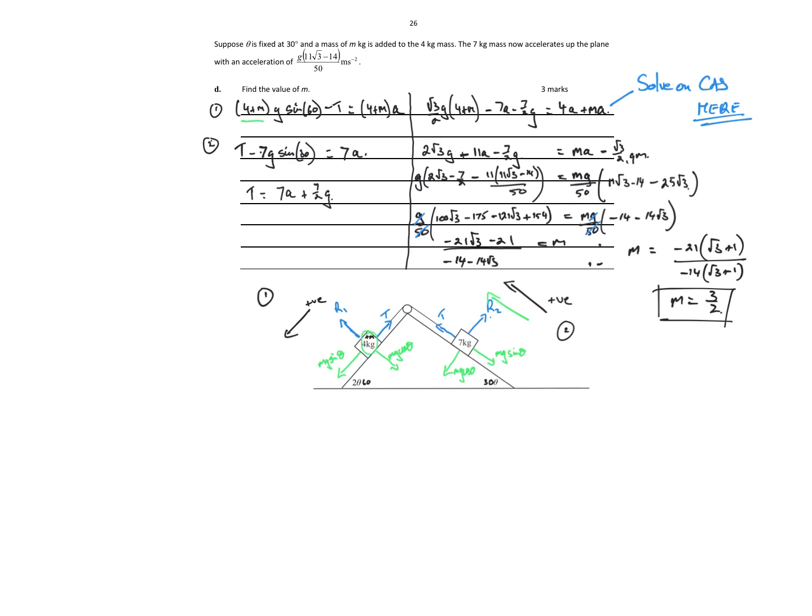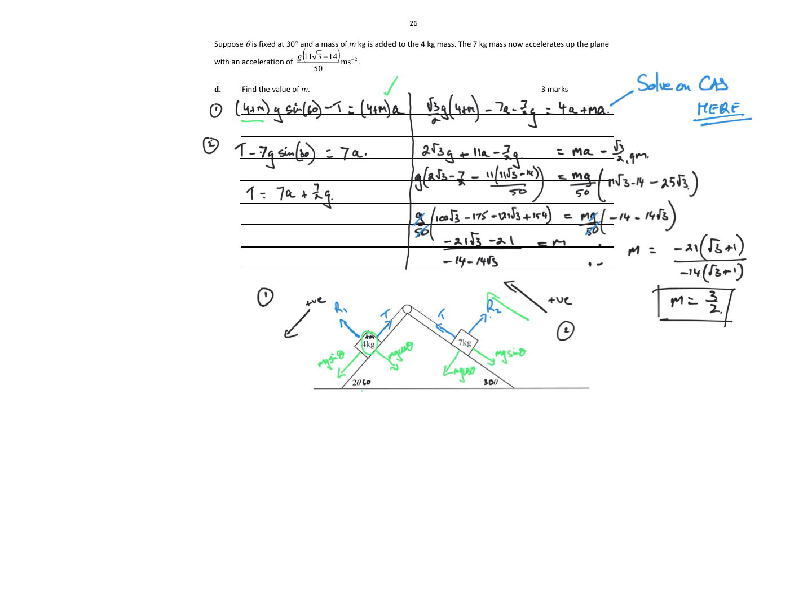So mg is 4 plus m, g sine 60 because it's 2 theta, minus T is going to be equal to the weight force down the other side. No, is equal to ma.